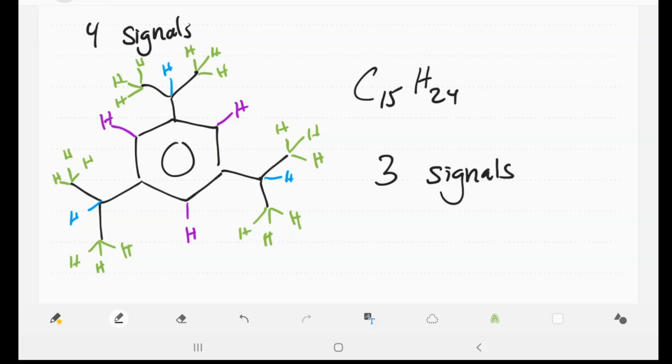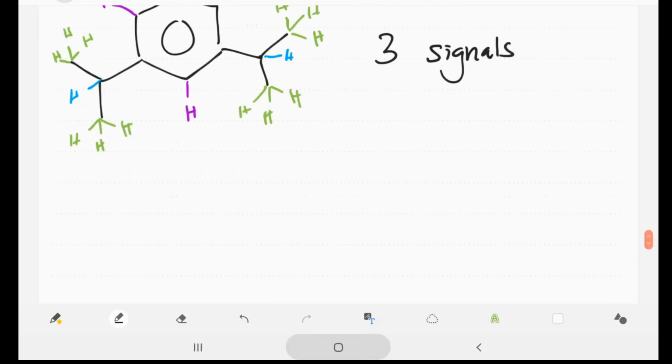So generally with H24, you'd be expecting a lot of signals, but not the case. So that would be a good thing to do. All right, so those are kind of our rules of determining things if they're equivalent or not.